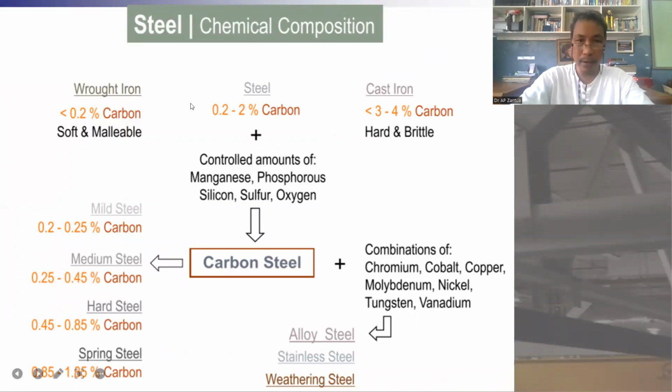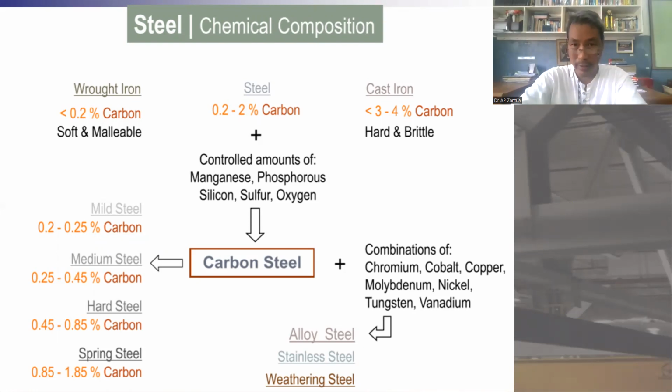If we have 0.2 to 2% carbon, we call that steel. And greater than 2% up to 4%, we call that cast iron.